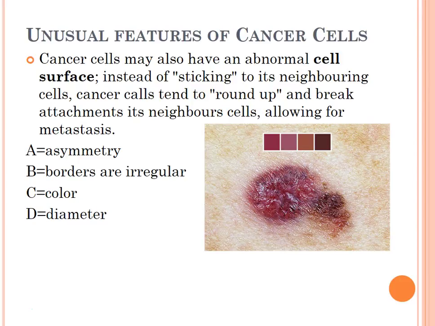The color is not the same throughout, it's different colors on one side versus the other. And the diameter. If it's getting larger and larger, then that means it's something to worry about. So again, those unusual features, they have an abnormal cell surface, so they don't stick to each other. They break off and allow for metastasis.